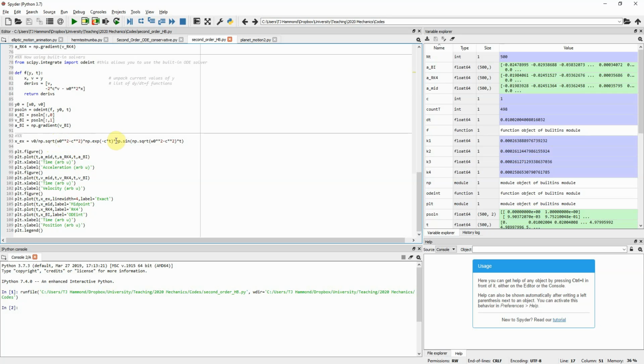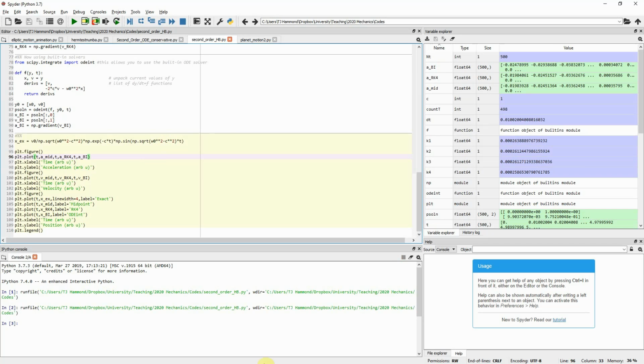Because we start with the initial position at 0, we don't have a cosine function, but we start with some velocity, so we have a sine function. And this oscillates with a slight modification to the natural frequency, which is the square root of omega naught squared minus c squared, times t.